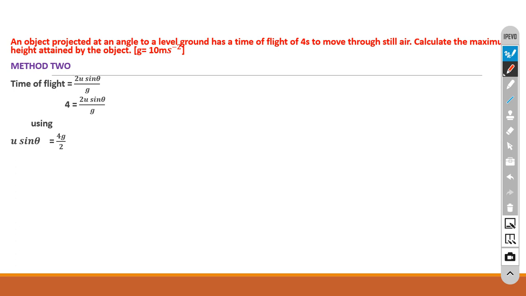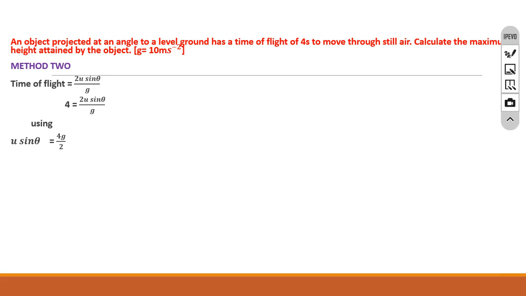So this is 4 and 2. 2 goes into 2, 1, and 2 goes into 4, 2. When that is done, we will get u sine theta equals 2g.